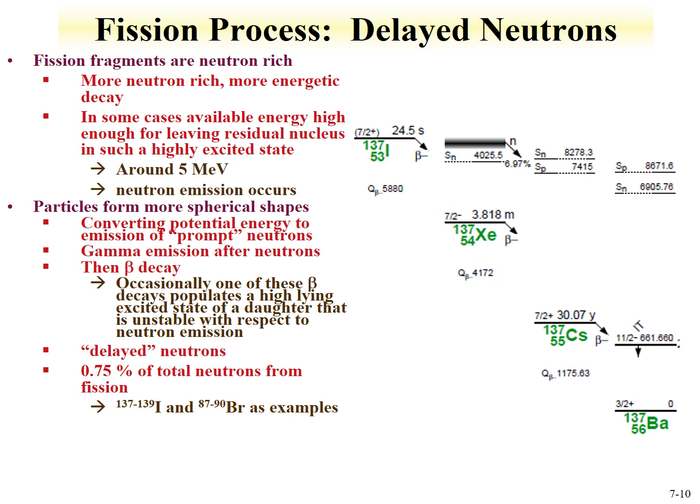However, certain regions, as we see here, iodine 137, 139, and the bromine isotopes 87 to 90, can decay through this delayed neutron process. What we see is the occupation of a higher energy state and the emission of a neutron.